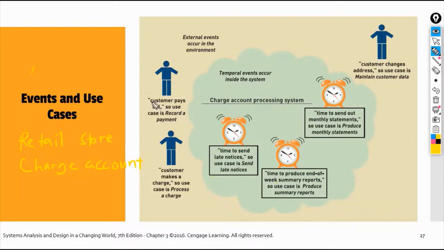A customer triggers 3 events. The first event is the customer pays bill. The second event is that the customer makes a charge, and then the customer changes address.